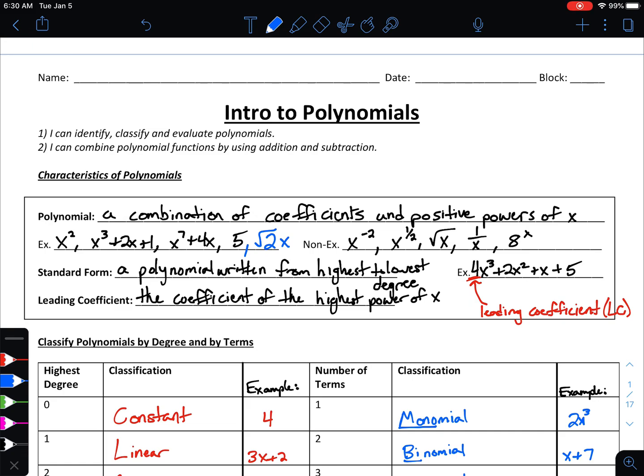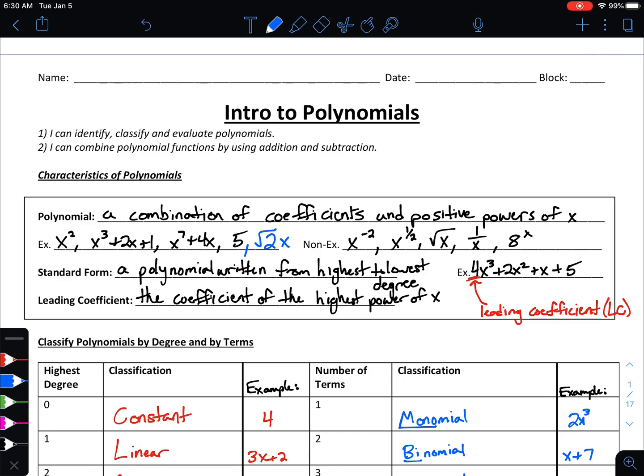Notice that your exponents go from 3 to 2 to 1 down to, well, really 0 for that last term. The leading coefficient then is just the coefficient of the highest power of x. So in that example, the leading coefficient, which we sometimes abbreviate LC, would just be the number 4.